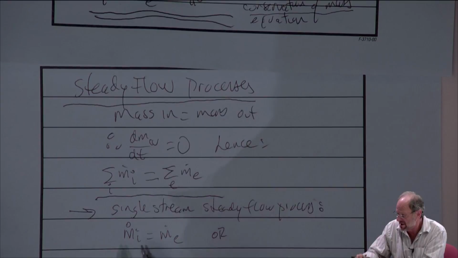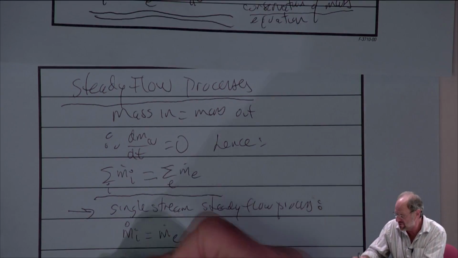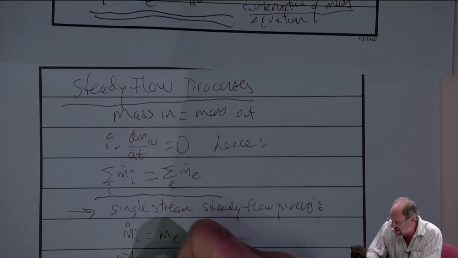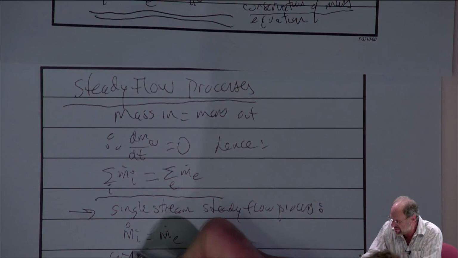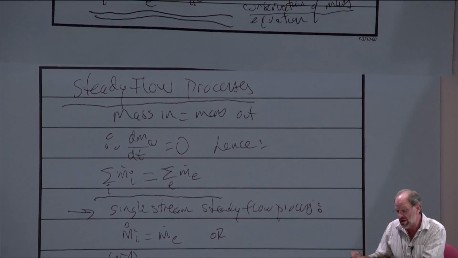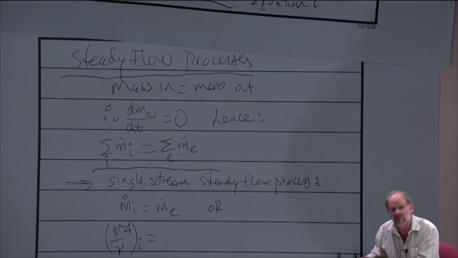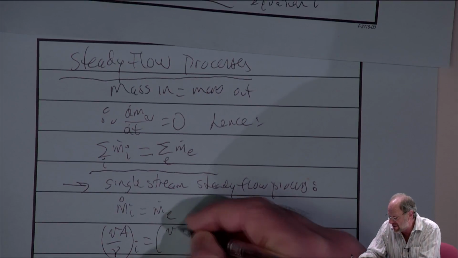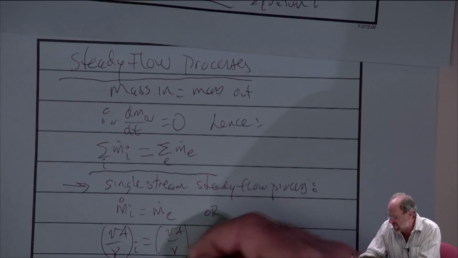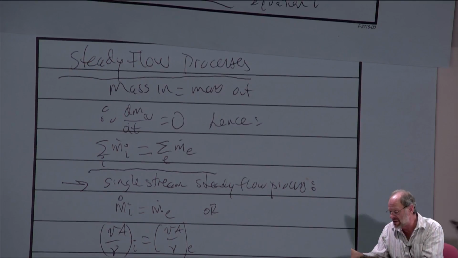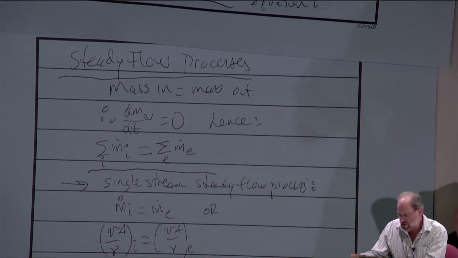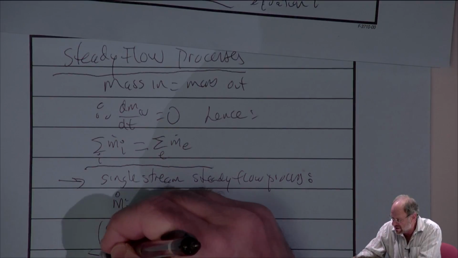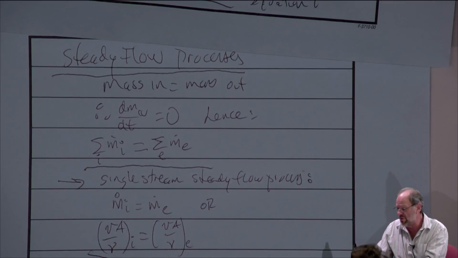Now, we can use the equations that I presented above to modify this. Remember, mass flow rate is equal to velocity times area over specific volume. So the mass flow rate at the inlet is the velocity times area over specific volume at the inlet. At the exit, the velocity times area over specific volume at the exit is equal to the mass flow rate at the exit. So this is another really important equation.